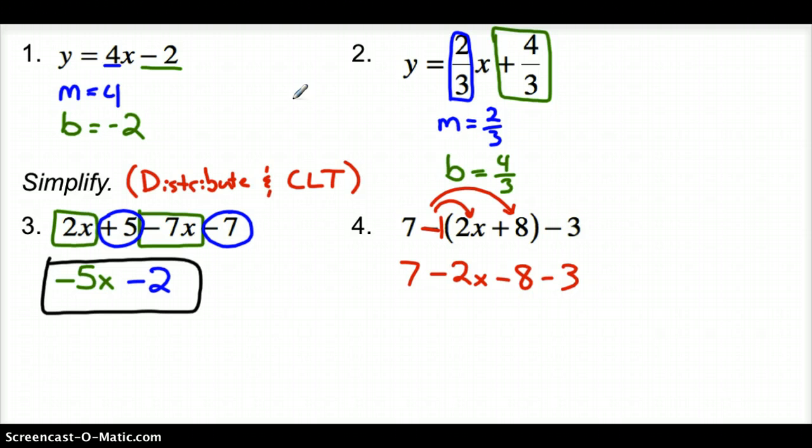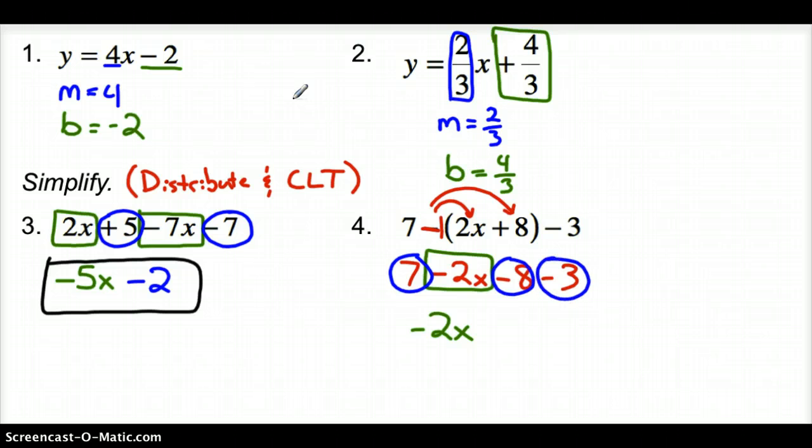Okay, now I always want to put my x's before I put my regular numbers or my constants. Okay, and so I'm going to look at my x's, and it looks like I just have negative 2x here. Now I have no other x's in my other terms that I can combine there, so I'm just going to go ahead and write out my negative 2x out front here. Okay, and now I'm going to look, I have a positive 7, I then have a negative 8, and a negative 3, and I'm adding all of those together.